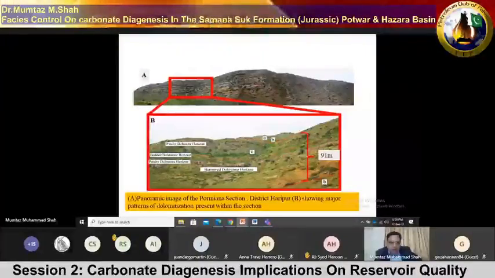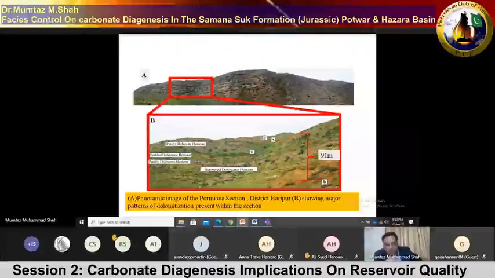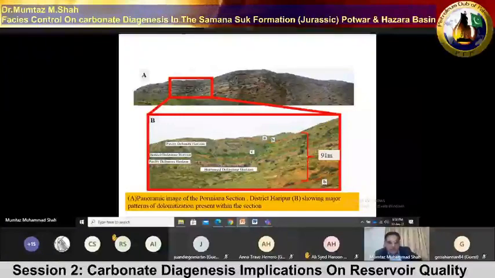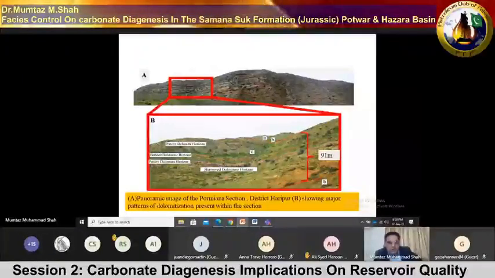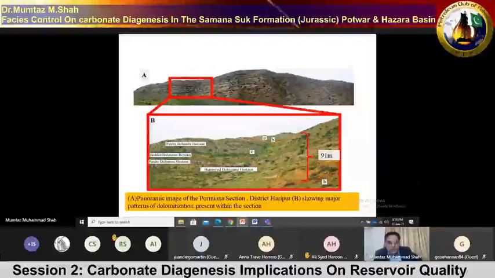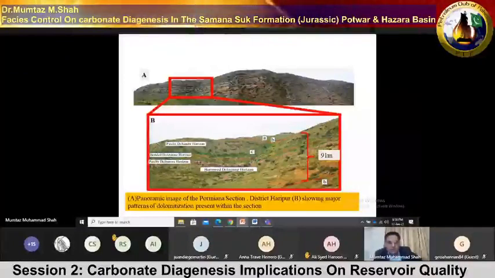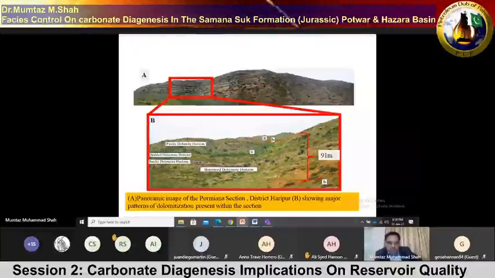Here we observed various dolomite facies as well, like burrowed dolostones, patchy dolostones, bedding parallel dolostones, and then on the top we have another episode of patchy dolomite horizon. We'll look into it in much more detail, but this aerial view represents these various successions present on top of each other.